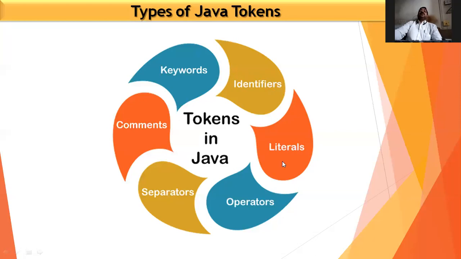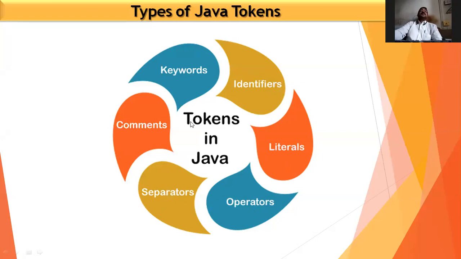We can use the names of the variables with the help of literals. Operators we use may be less than, greater than, equal to sign, less than or equal to, greater than or equal to. We can use the separators: comma, semicolon, colon, etc., or dot.